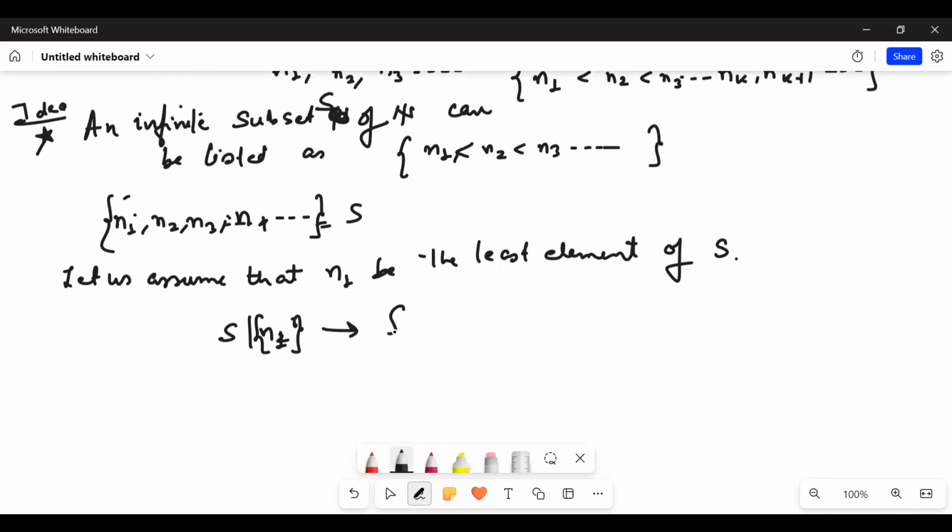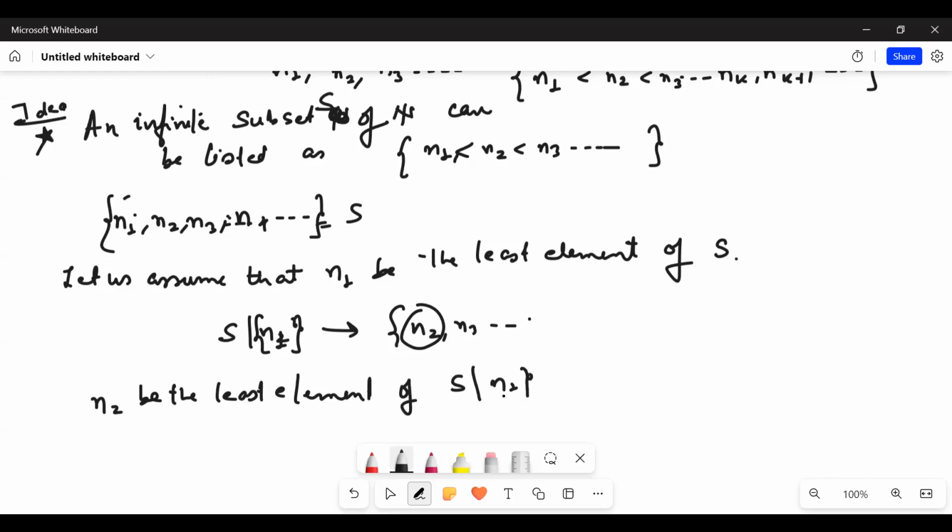Now this will contain n2, n3, and so on and so forth. And I'm claiming that n2 is the least element of S without n1, that is, S apart from n1.